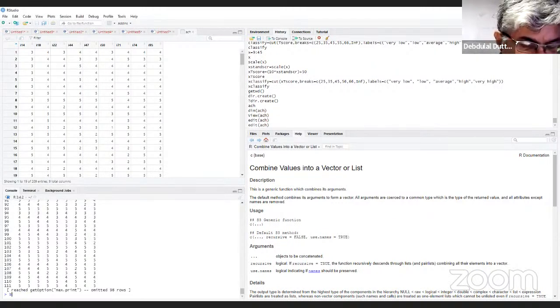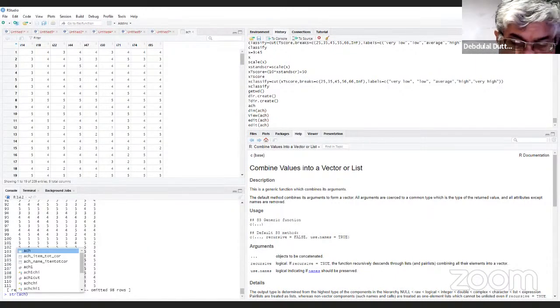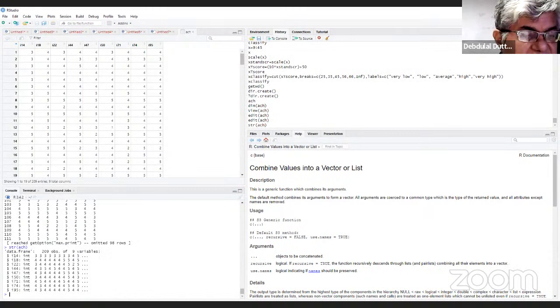Here I am writing str(H), so you will get the structure. Okay, so this is the structure. You will get the 9 variables and all the variables are integers.